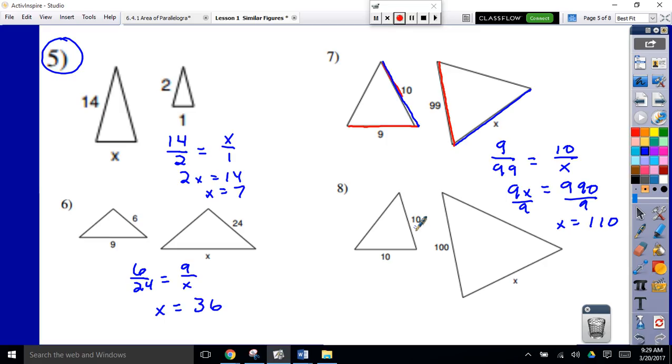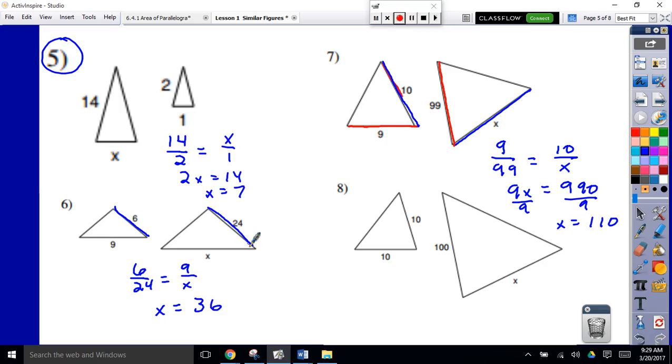Okay, watch carefully. The 6 corresponds with the 24, right? So we're starting with the first triangle. We're putting that number on top. The second triangle is going on the bottom, corresponding sides. Oh, that makes sense. It's so easy whenever you look at it like that.